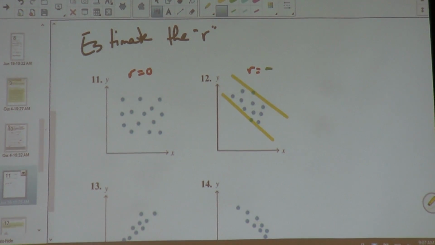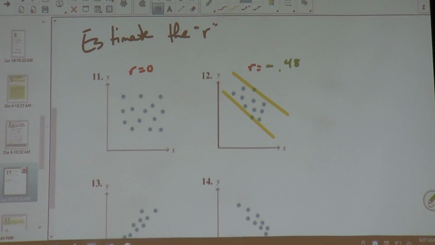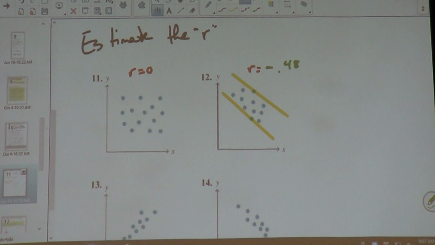Okay? Is it weak, moderate, or strong? Moderate, because it's kind of linear but not real linear. So if it's in the moderate, it's around how many cents? 50-ish. Okay, so we can say 48, we can say 56.